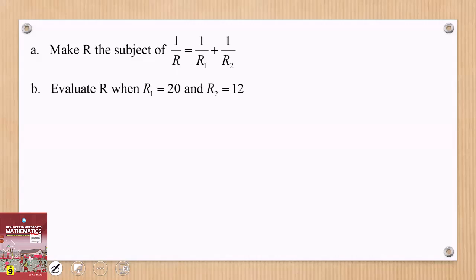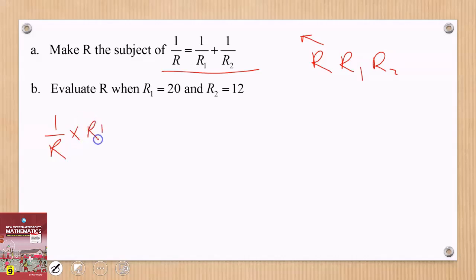So let's start. In making R the subject here, we first have to find the LCM, and our LCM will be the R itself, R1, and then R2. So we multiply through by the LCM, and so we can have 1 over R times R, R1, R2.